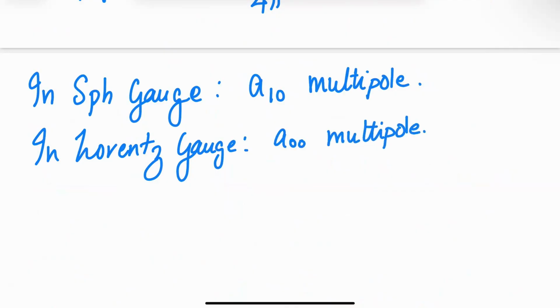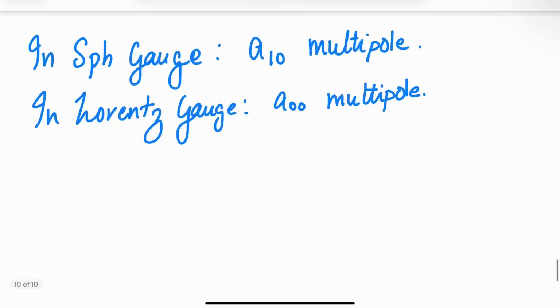And a single potential which represents a single harmonic in Lorentz gauge becomes a single harmonic in the spherical gauge as well, which we haven't proved, but just for the sake of simplicity, we'll just deal with the Lorentz gauge. Okay, so that's the simplest case. So this was the monopole basically.